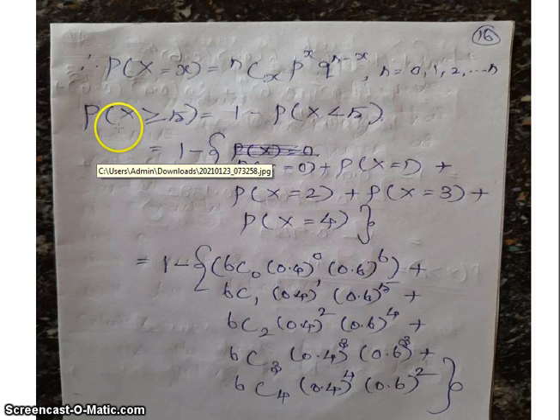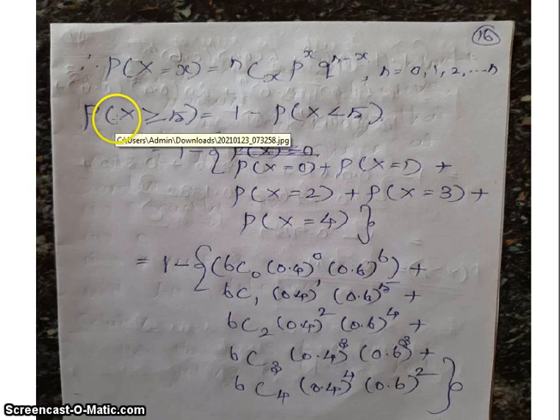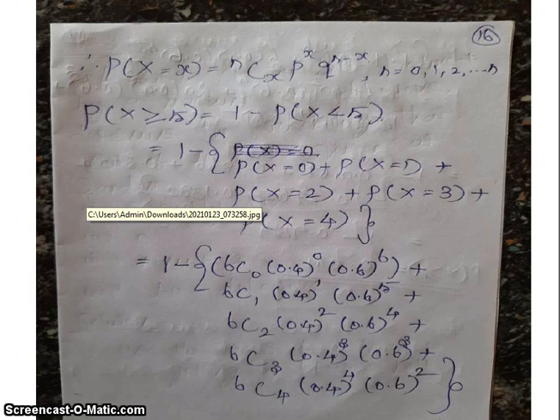But here they are asking to calculate P of x greater than or equal to 5. Greater than or equal to means 5 is also included, and above 5. So 5 and all the values above it.